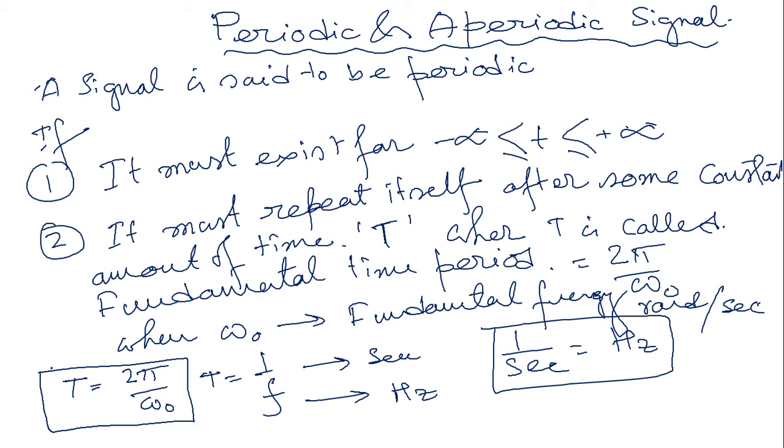These types of signals are assumed to be periodic, because a sine wave is also valid for the second property: it must repeat itself after some constant amount of time. Sine waves and cosine waves repeat themselves after a certain time.